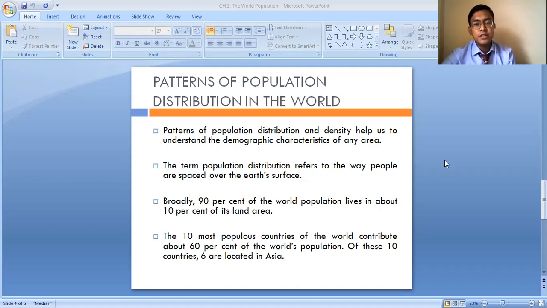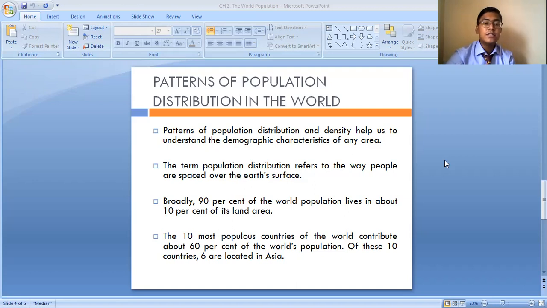The 10 most populous countries of the world contribute 60% of the world's population. That means 60% of the world's total population can be found in 10 countries.